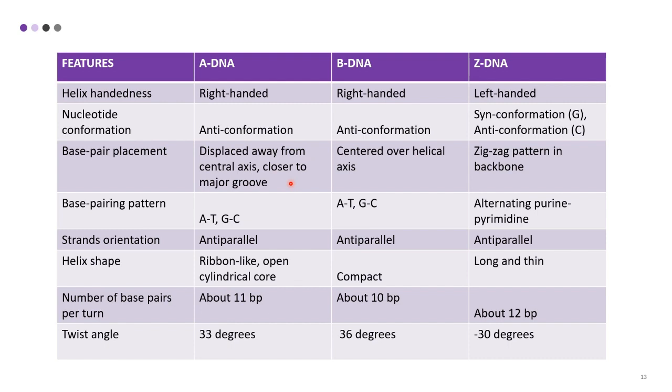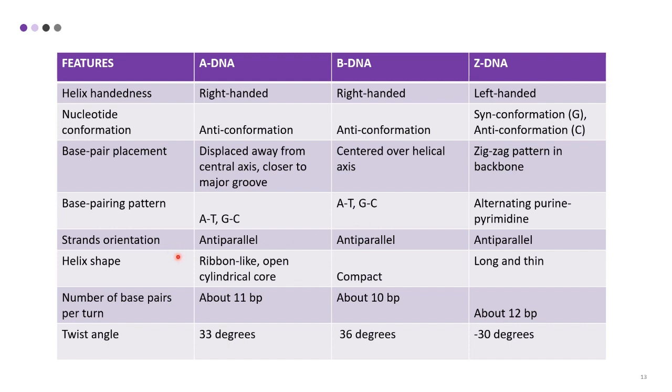The base pair placement of B DNA is centered over the helical axis, whereas Z DNA has a zigzag pattern in the backbone. The base pairing pattern of A DNA is adenine to thymine and guanine to cytosine. For B DNA, it is again adenine to thymine and guanine to cytosine. In the case of Z DNA, it has alternating purine and pyrimidine content.